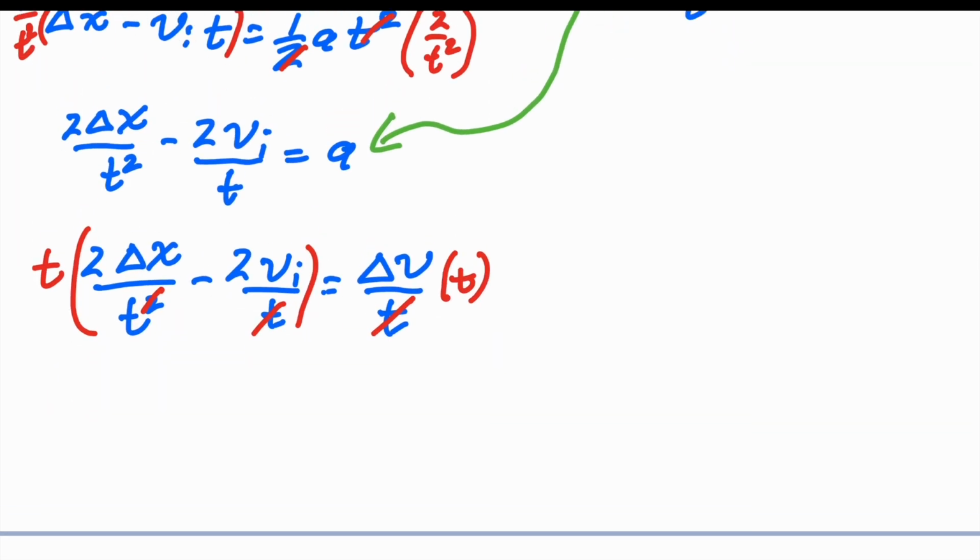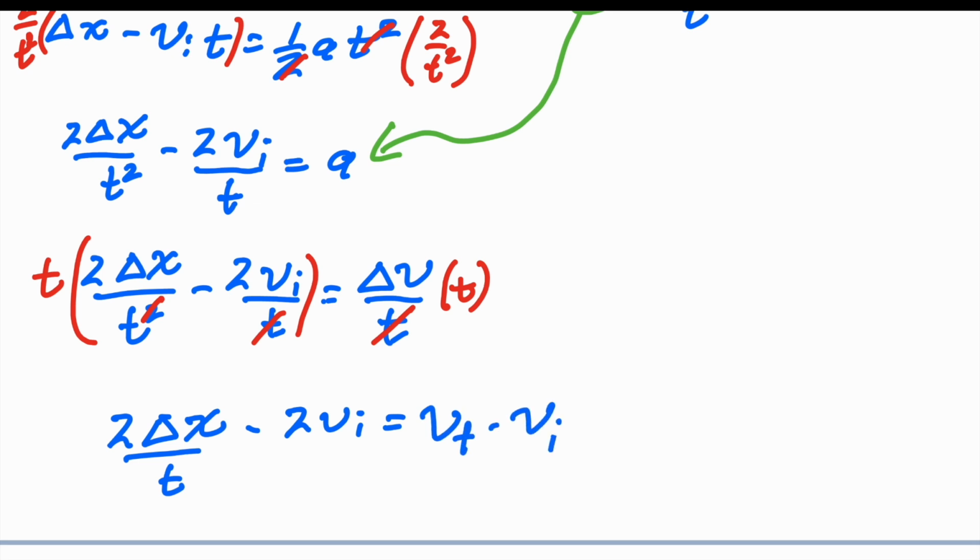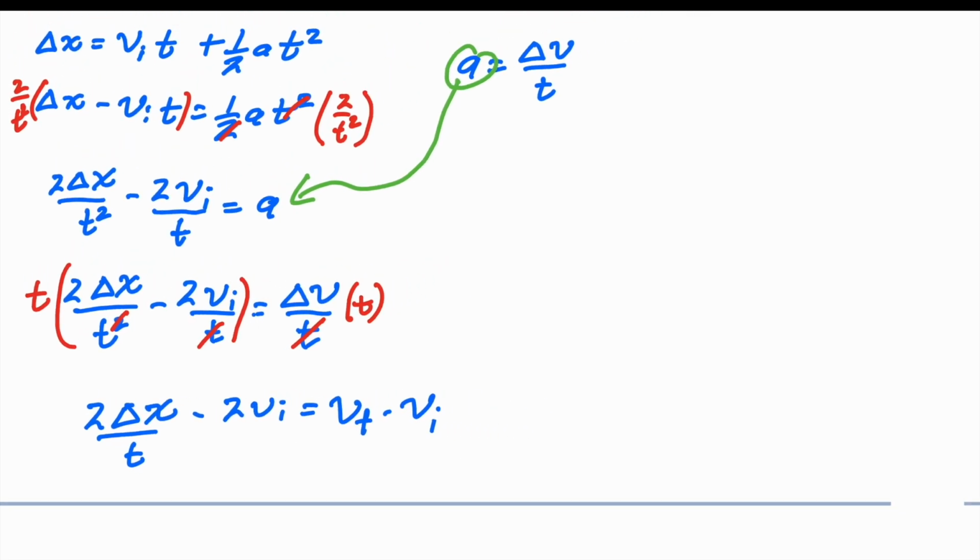Okay. Next step in the equation. I've got 2 delta x over t minus 2 vi, now there's no t there, equals delta v. I'm going to write out what delta v is. Delta v is vf minus vi. Okay.